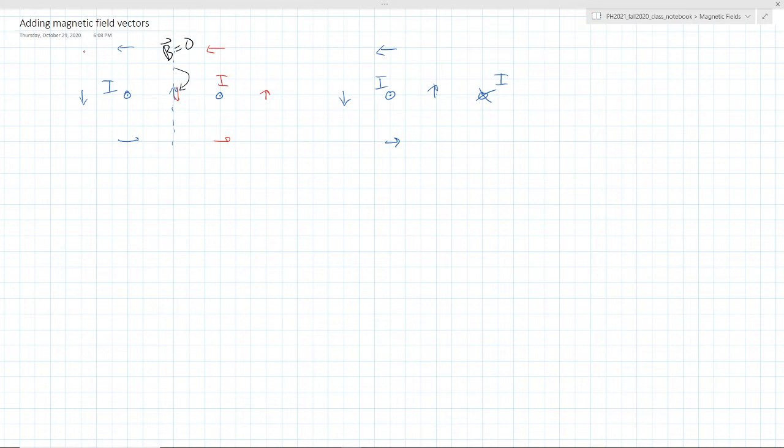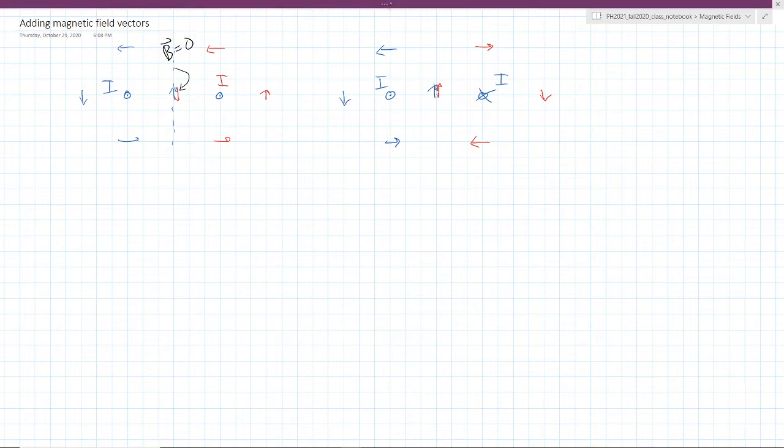Now, if you're using your right hand rule, your thumb would be pointing towards the screen, and you can see the magnetic field would be curling around this in a circle. As a result, in the middle, they're aligned.